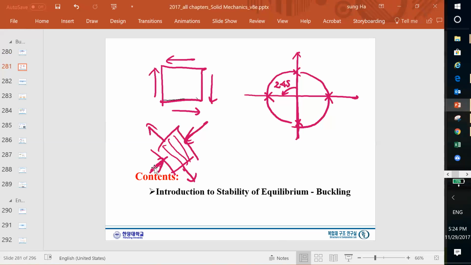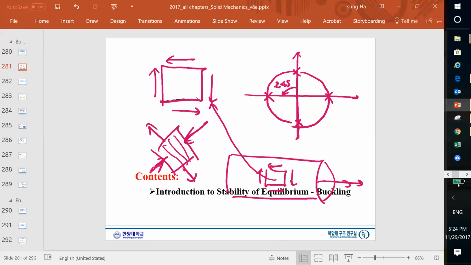This way is buckling. Why? Well, we do know when we apply the torque like that, in the skin, we do know it has this and that and that and that, right? Which will be the same as that one. That's why at 45 degrees, we have a buckling. Okay? So this is another buckling behavior.